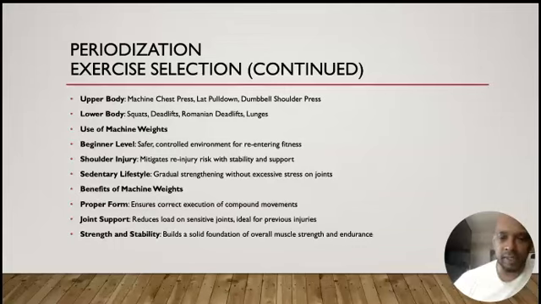The Romanian deadlifts were a challenge for him for obvious reasons, and so were the lunges. So we went for leg extensions, leg curls, seated leg curls, anything where there wasn't any exertion on his abdominals, and he wasn't going to obviously injure himself further.